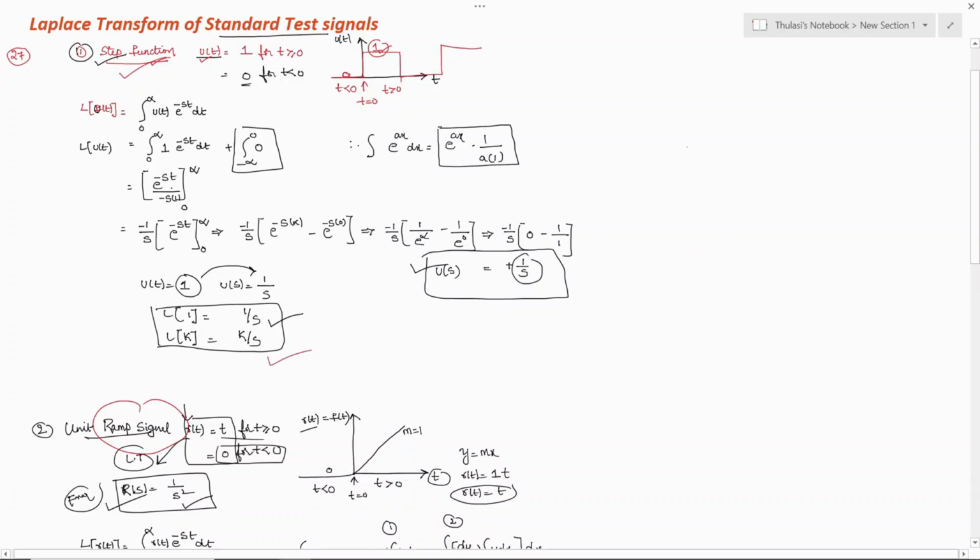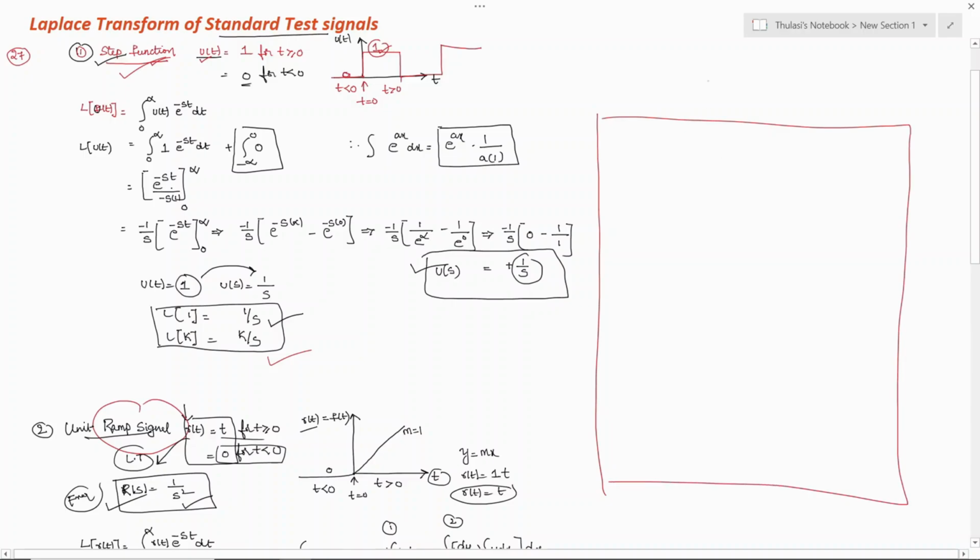Let's try to revise the things in a clear fashion. We already know the step signal, which I can write as u of t, and it is equal to 1. The Laplace of step signal we are going to get as 1 by s. Next, we have a ramp signal, which I'm going to define as r of t equal to t.